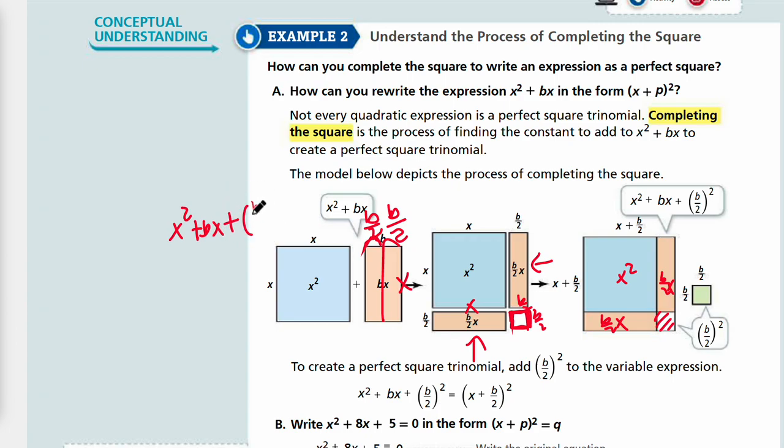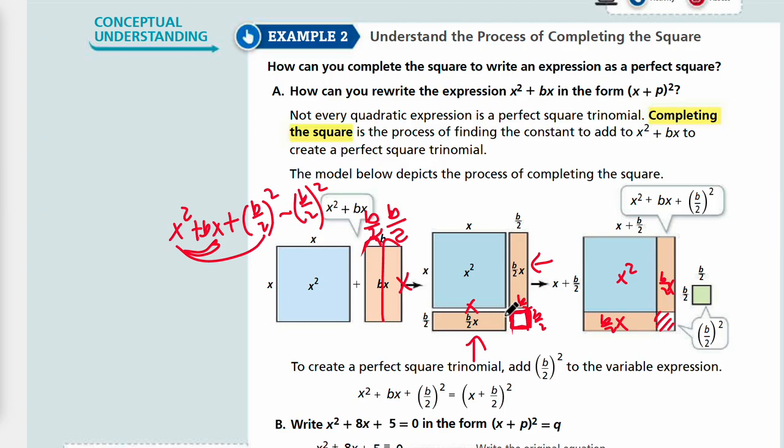So we're going to add b over 2 squared to complete this perfect square, but we're also going to subtract b over 2 squared in order to balance our equation so we don't change our expression x squared plus bx, which was our original one, right? Yeah, so now that we have this, we can use the perfect square trinomial and factor them out to get x plus b over 2, all of that squared. Okay, so this is why it works visually.